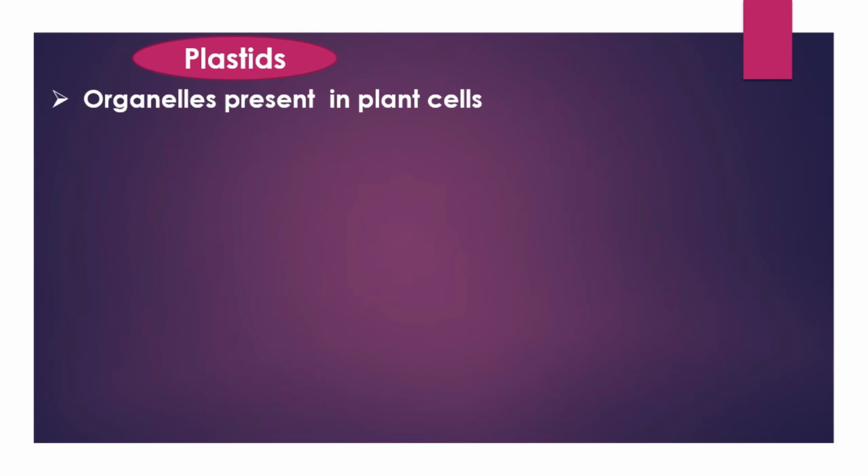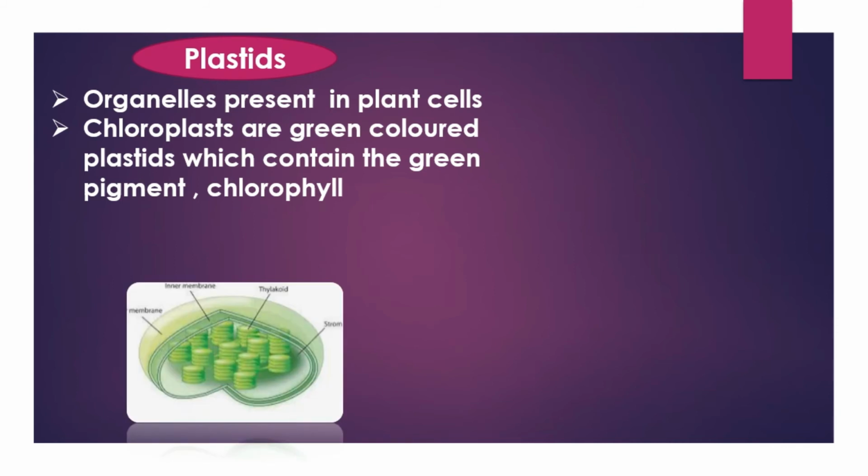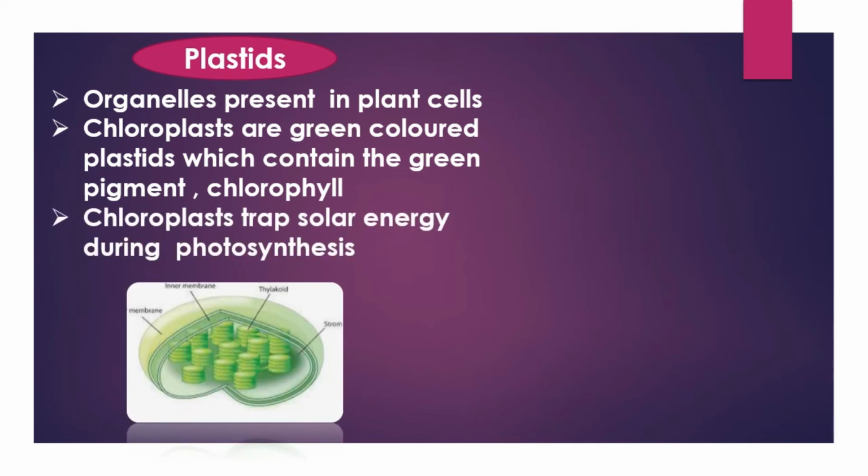Another type of plastid is chloroplast. Chloroplasts are green colored plastids which contain the green pigment called chlorophyll. You know that chloroplasts trap solar energy during photosynthesis. Chlorophyll is the green pigment present in chloroplasts.